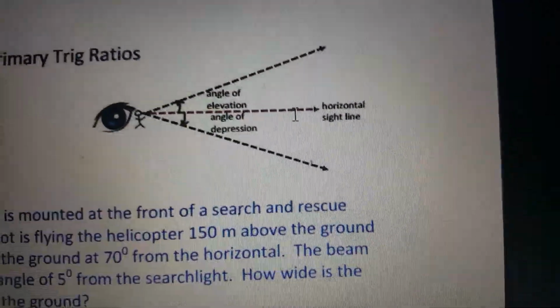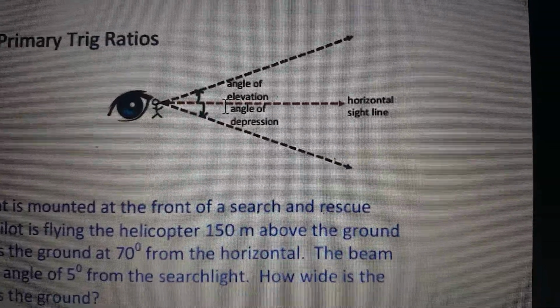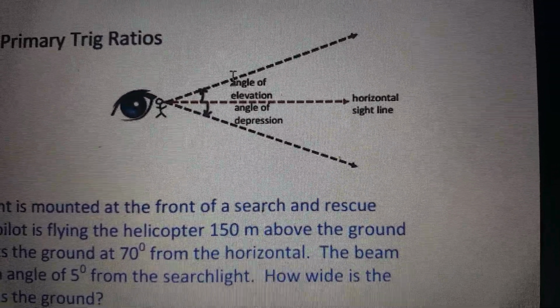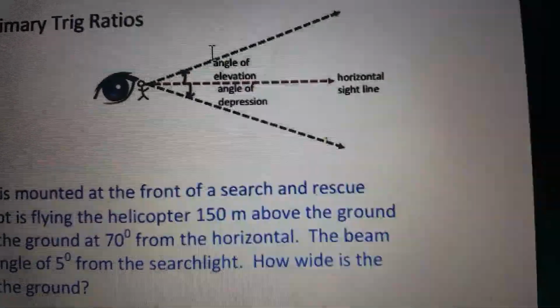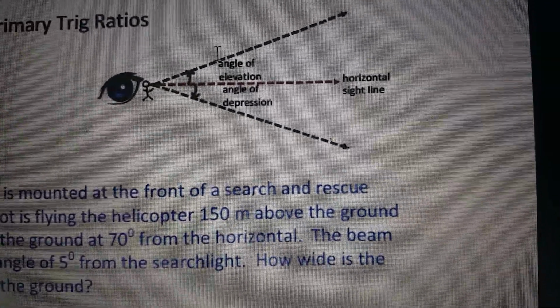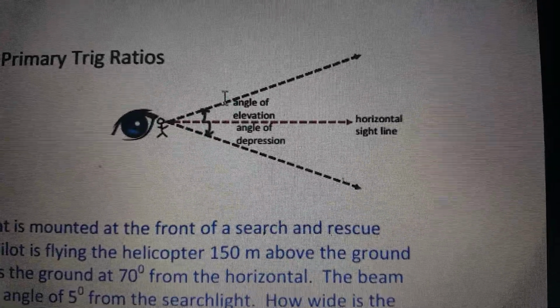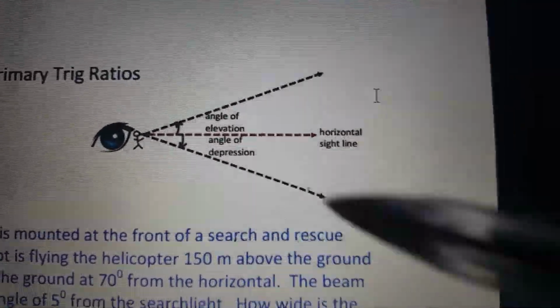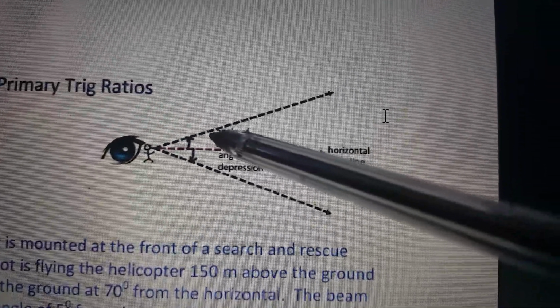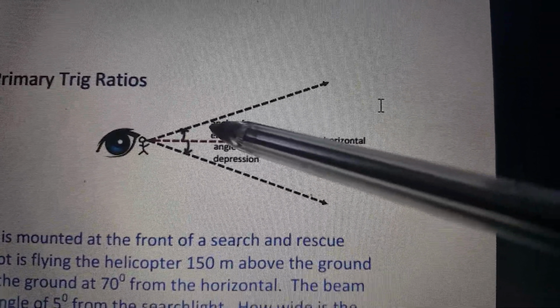So from the horizontal sight line, if you were to look up, that would be an angle of elevation. For example, if you were to look 40 degrees upwards, you would be looking 40 degrees up from the horizontal sight line. So this angle in here would be, say, 40 degrees, right?